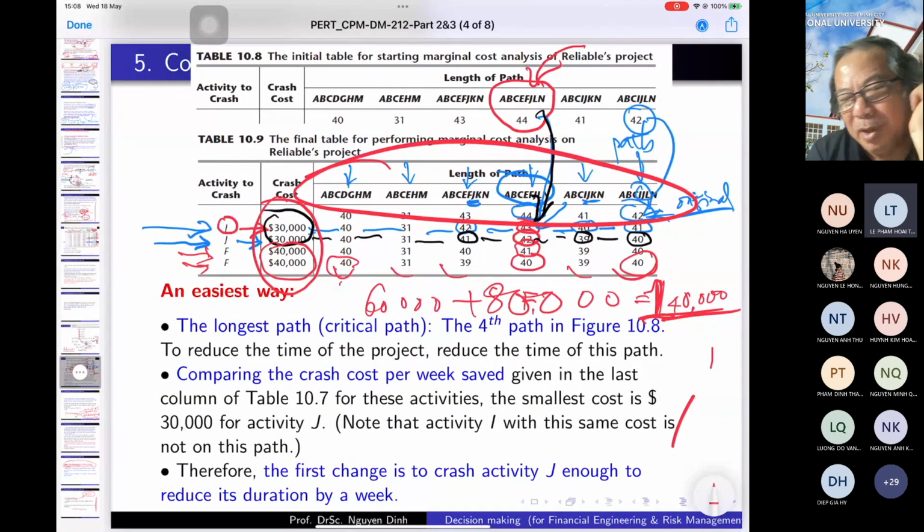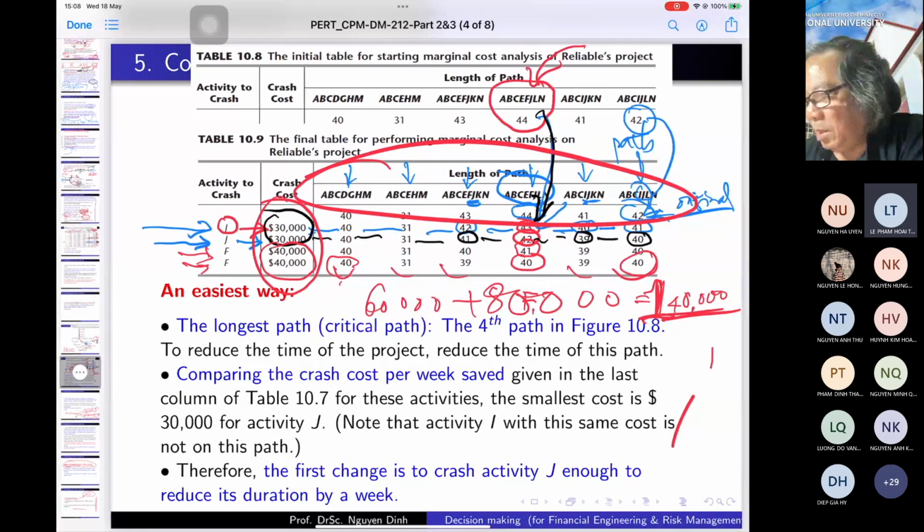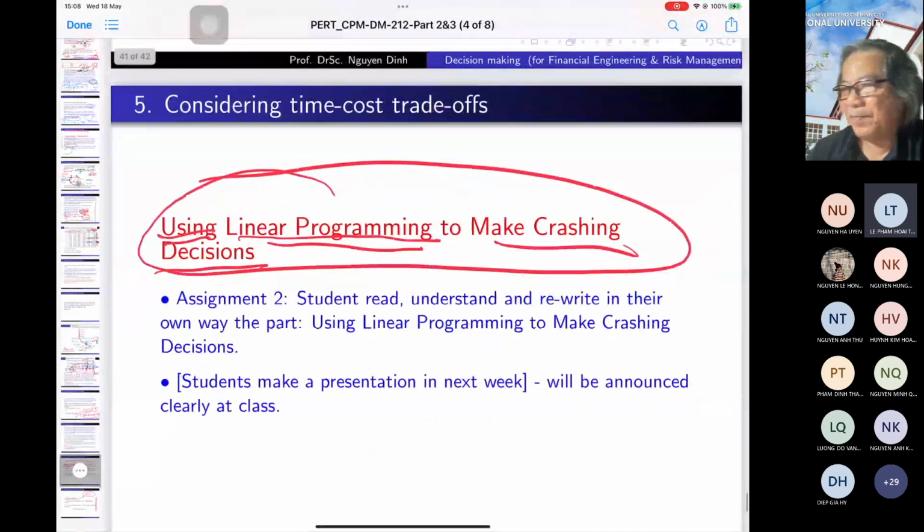For a large project, we should transfer the problem to a linear programming problem and solve it by the simplex method, by writing a program in some language and running it on the computer. That is for the last case. But I just give you the idea, and hope that with some small projects you can use this way.